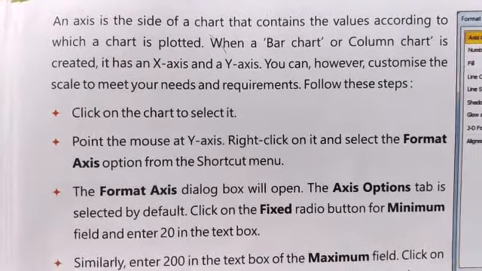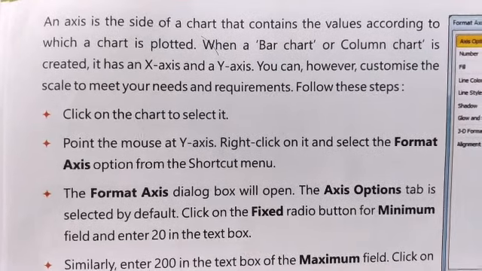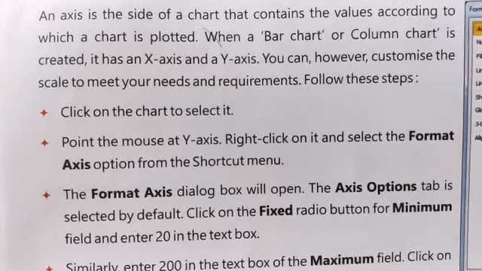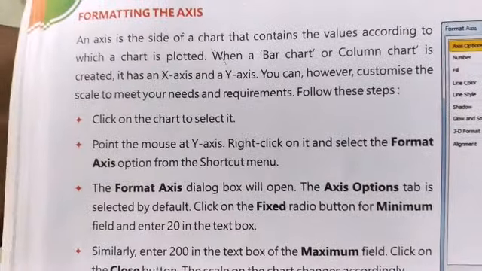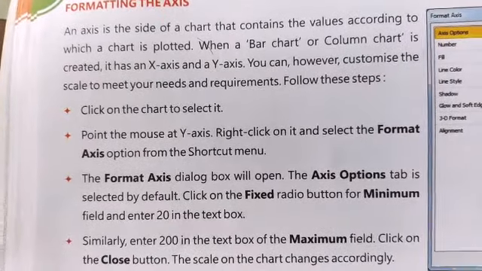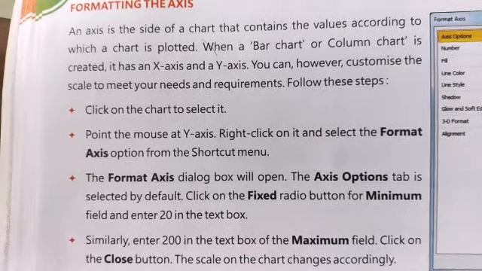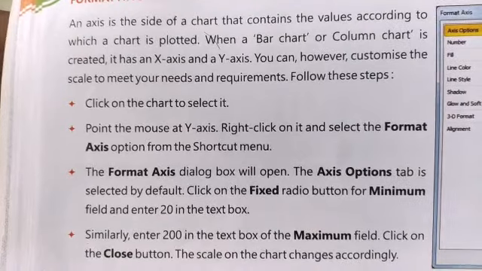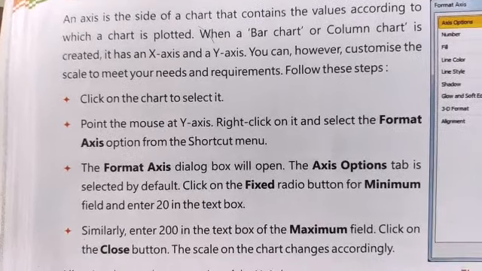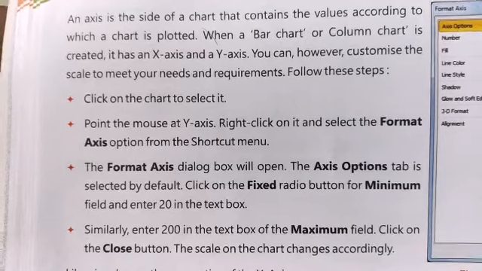First of all, click the chart to select it, then point the mouse on the y-axis and right click there. The Format Axis option will appear. In the Format Axis dialog box, the Axis Options tab is selected by default.